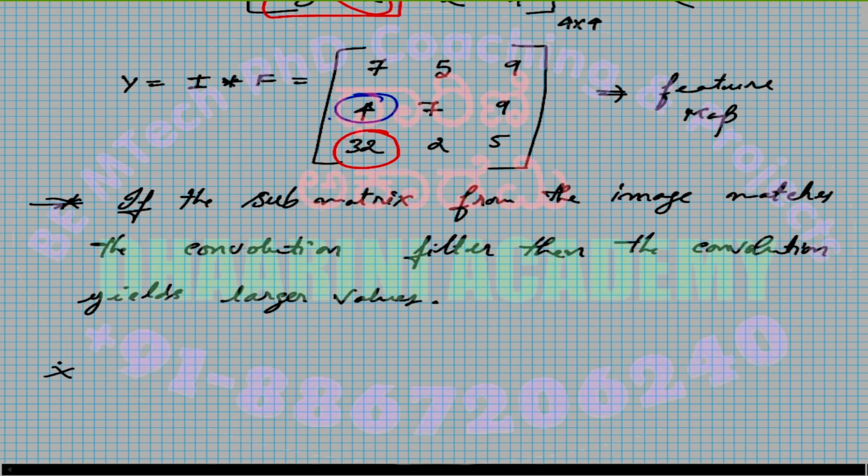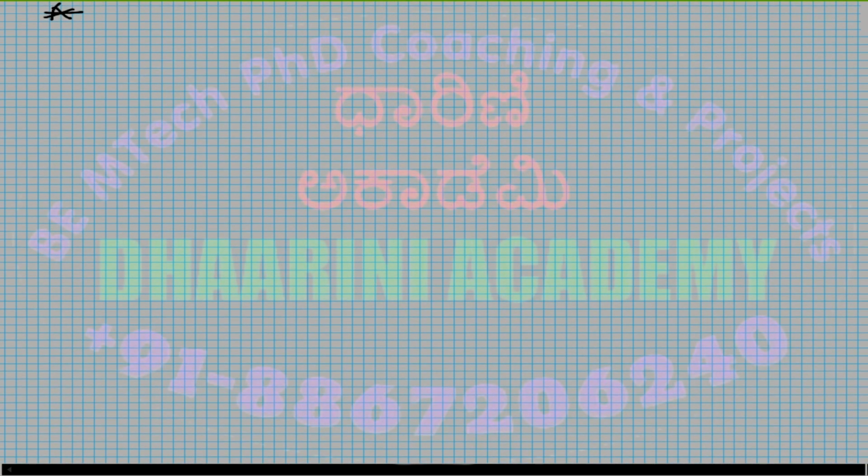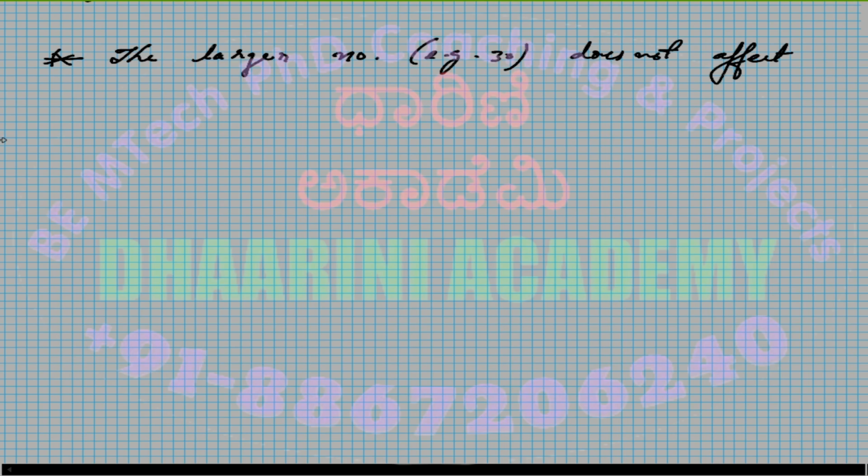Let me write that. The larger number, for example 30, does not affect the convolution result. Because what's the reason?